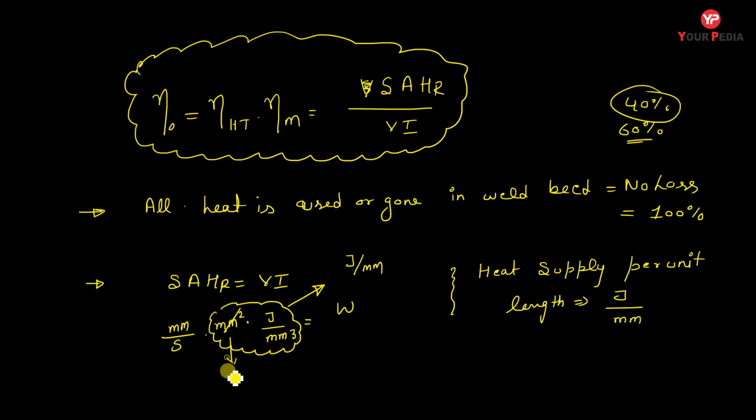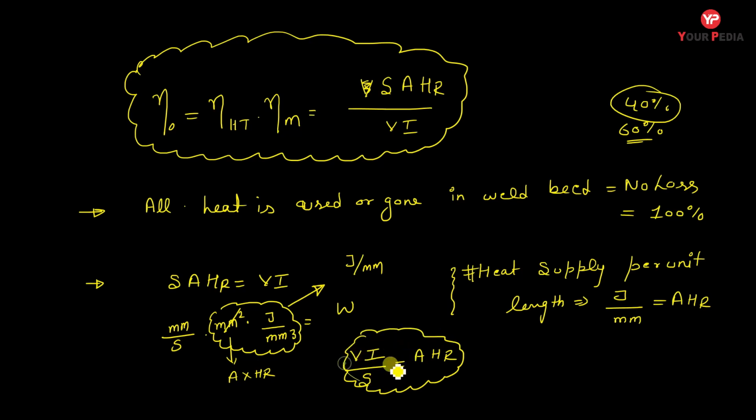And what is this quantity, sir? Area into HR. So if the question says calculate heat supply per unit length, we have to calculate area into HR, which from the formula is equal to voltage into current divided by S. So if speed of welding, current and voltage are given, we can calculate heat supplied per unit length, that is joule per mm.